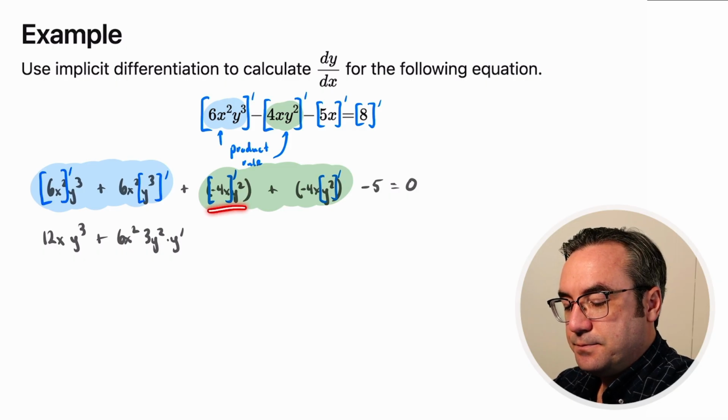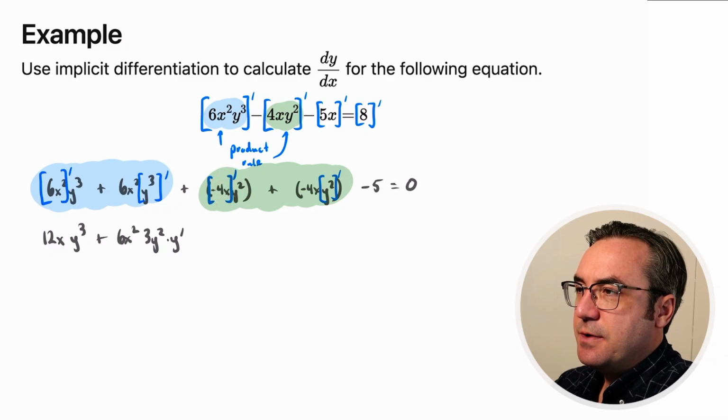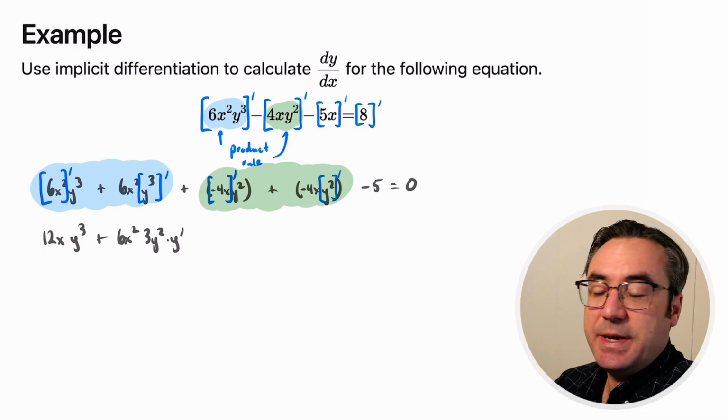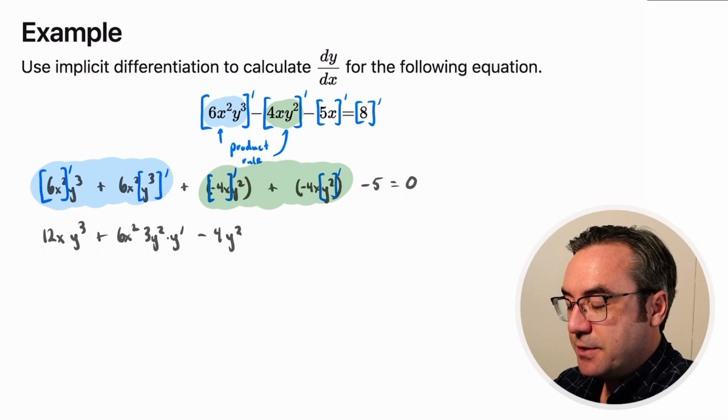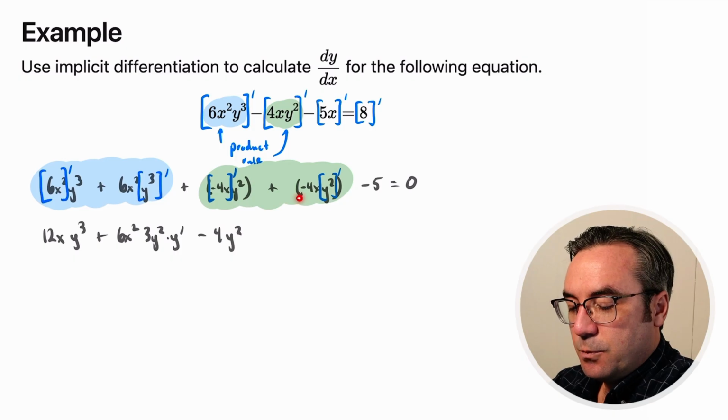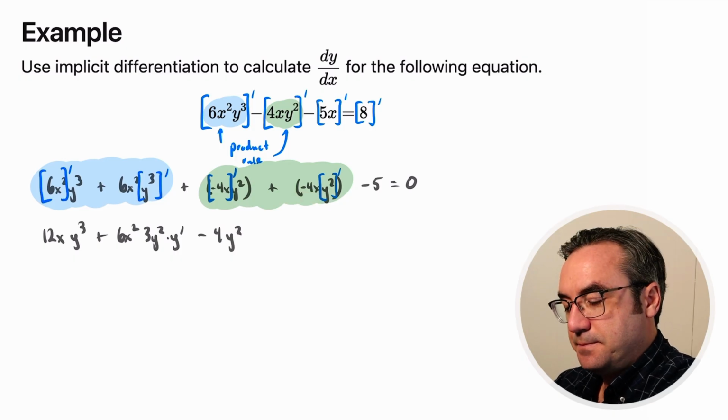So then, let's go on to our next set. What's the derivative of negative 4x? Well, it's going to be negative 4. So we'll have negative 4y squared. Then we've got our negative 4x.